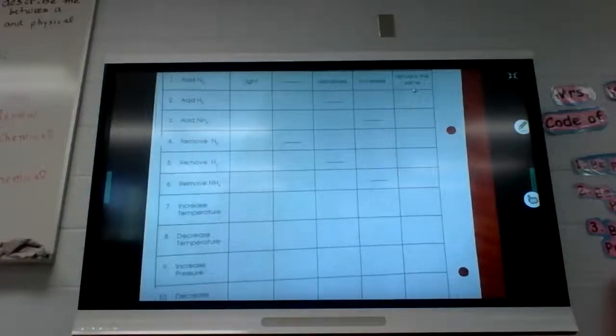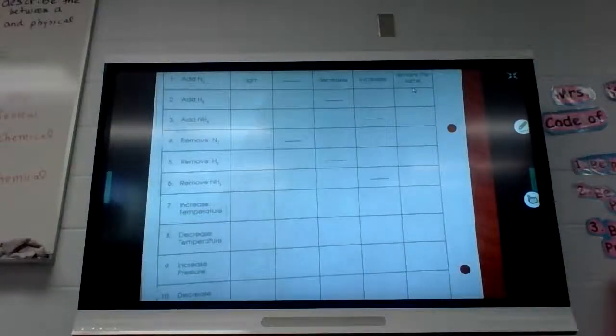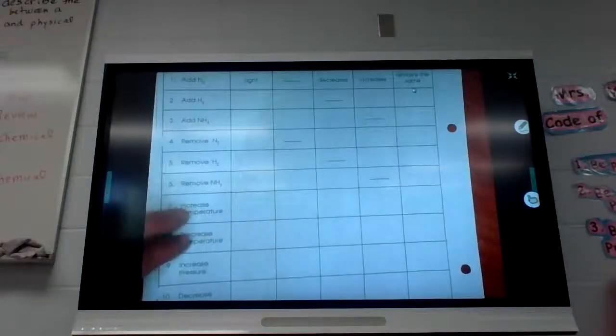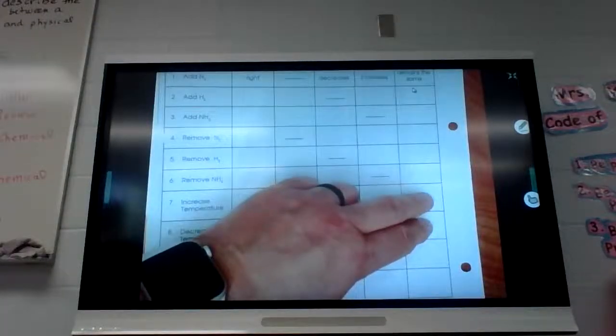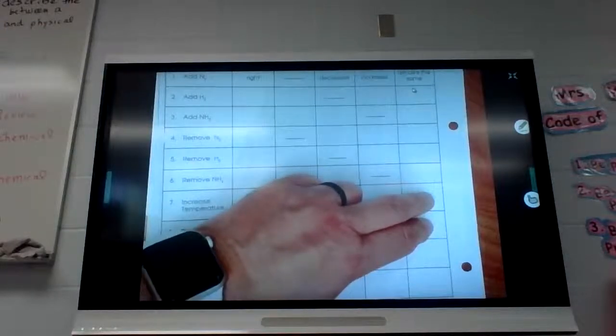What's the only thing that makes K change? Temperature. So you're going to write remains the same for everything except what? Temperature. Now, you don't have to know how temperature makes a change, but you need to know that it will change for temperature. Okay? You could just write it will change.